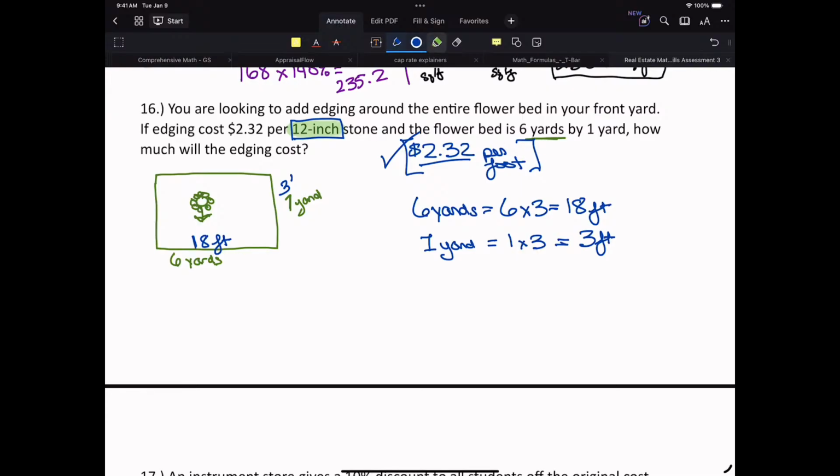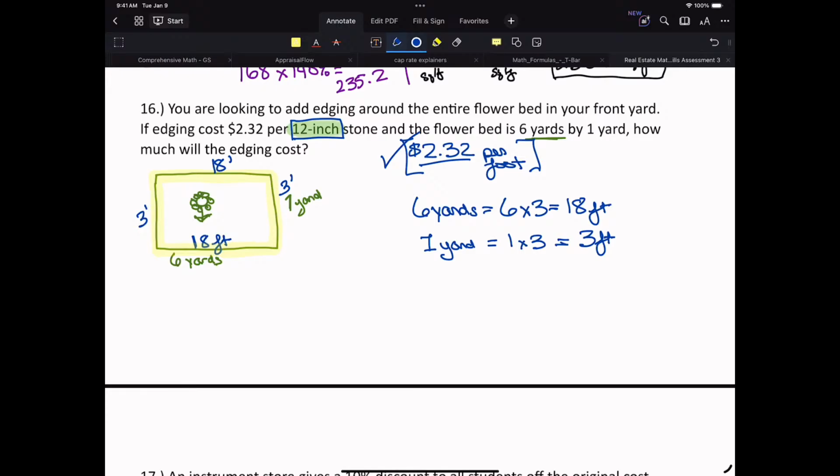And if we want to add edging, we got to know how many feet is the perimeter, because it's going to cost me $2.32 for each of those feet. So we got 18 feet plus 3 feet plus 18 feet plus 3 feet.